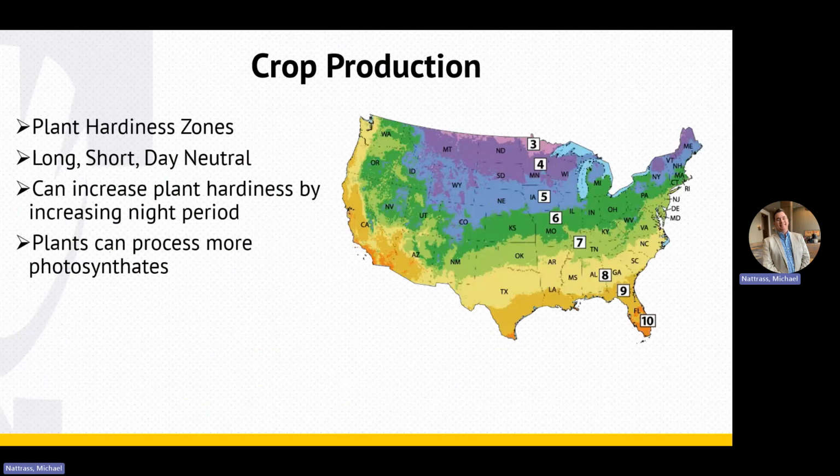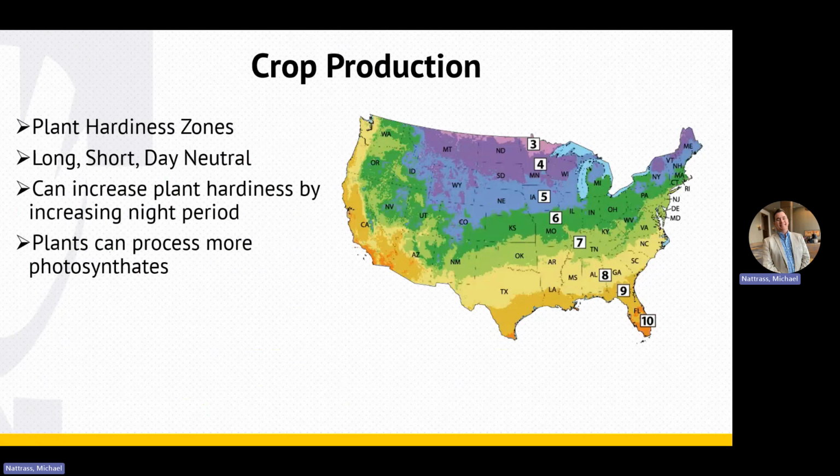But if we want to increase the hardiness, we would want our plants to be able to process more photosynthate. That is important in that, when we talk about long day and short day, the nighttime is where the plant processes those photosynthates. That's where it metabolizes the food, I'm doing my air quote thing, the food that it's making when it's performing photosynthesis during the daytime.